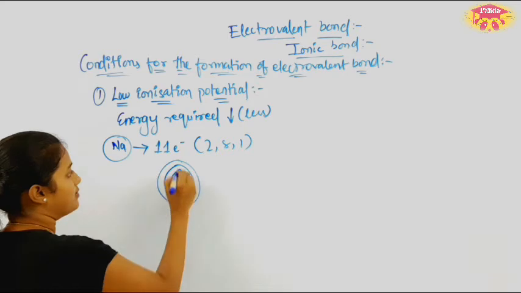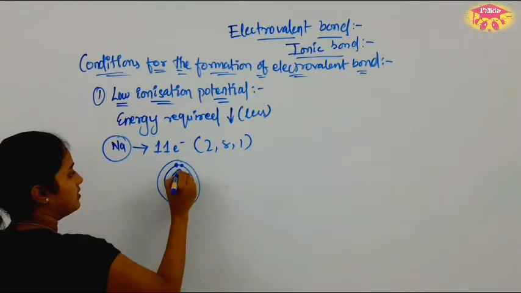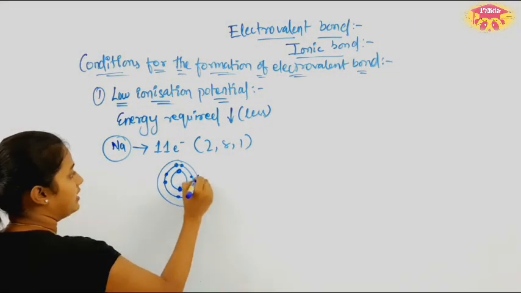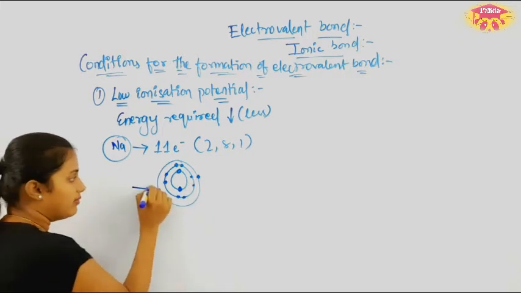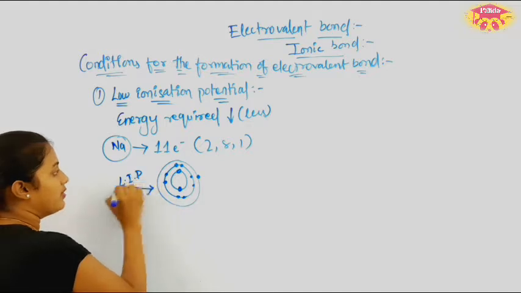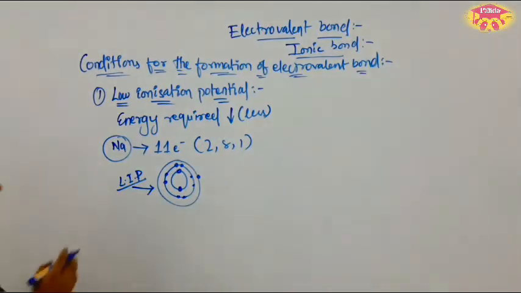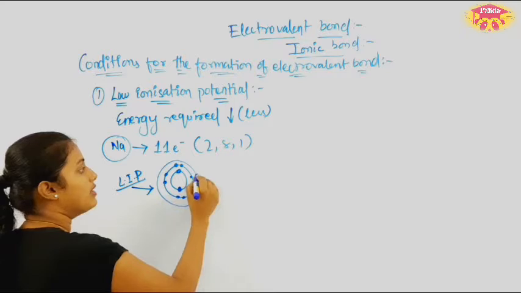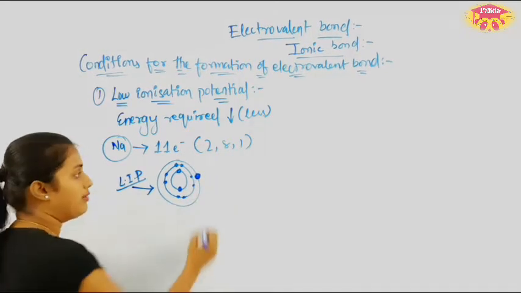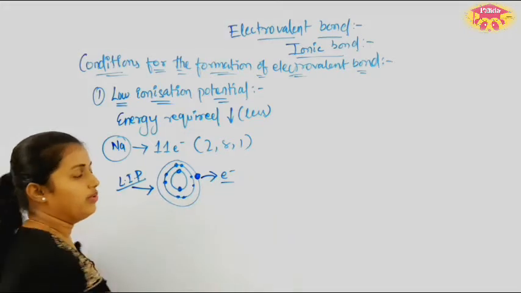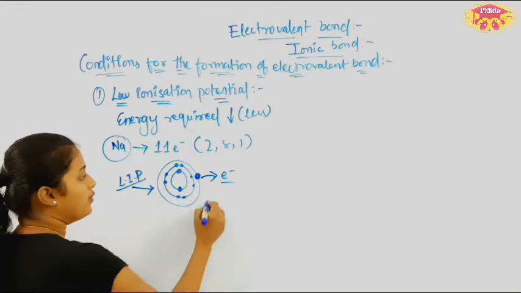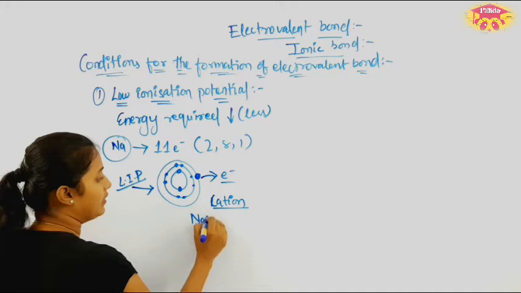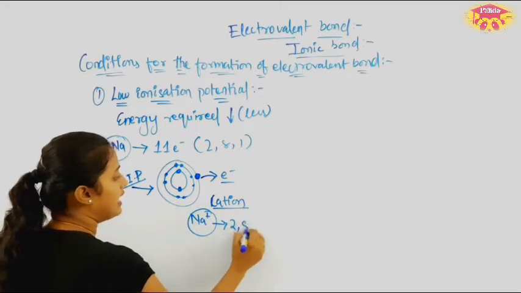So 2 electrons in the first shell, 8 electrons in the second shell and 1 electron in the last shell. So the sodium atom will require low ionization potential, or else it should not require any potential, students, because the sodium atom, as it has 1 electron in the outermost orbit, will easily donate 1 electron to form a cation, that is Na plus, having 2 and 8 electrons.